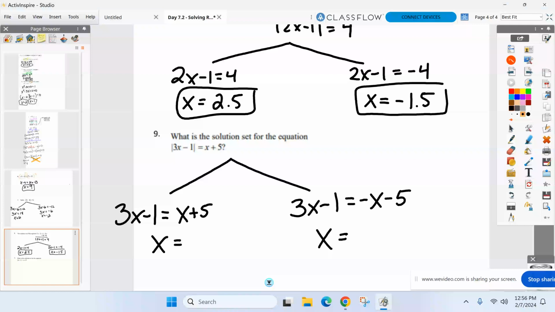Do we have the same equations? Oh no, x equals 4 over 2, x equals 1. What did you do over here? I subtracted the x and the 5. Oh, that's okay. Regroup. You always have redemption in here.